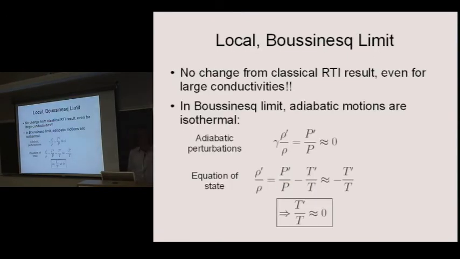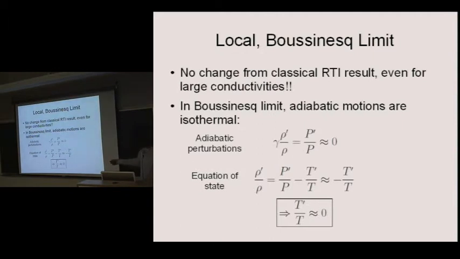So first, the local limit, where KH was large, there's no change from the classical result. And it turns out that this is because, in the Buoyancy limit, adiabatic motions are also isothermal. So if you're Buoyancy, the perturbation of the pressure is very small in comparison to the perturbation of the density and the perturbation of the temperature.